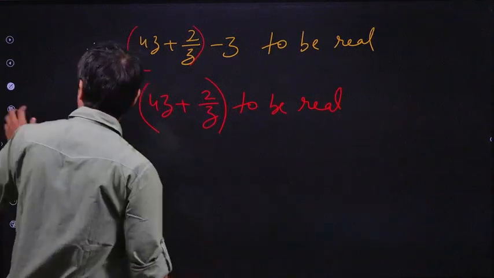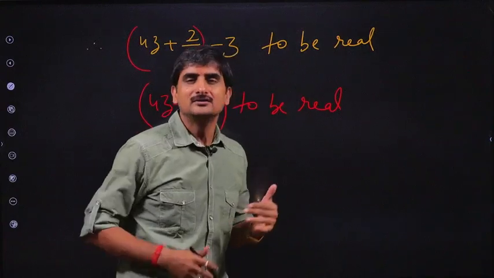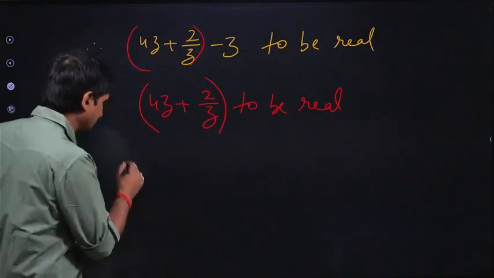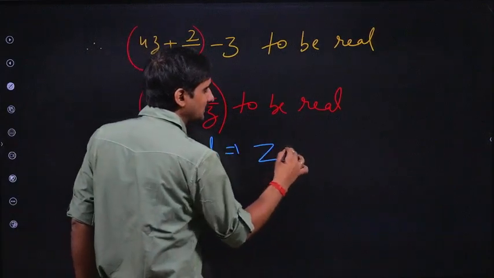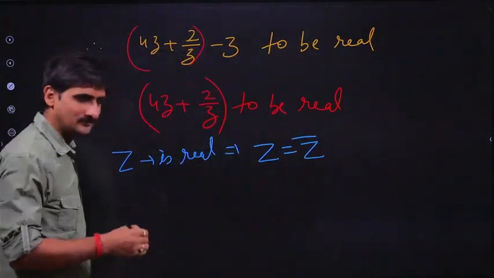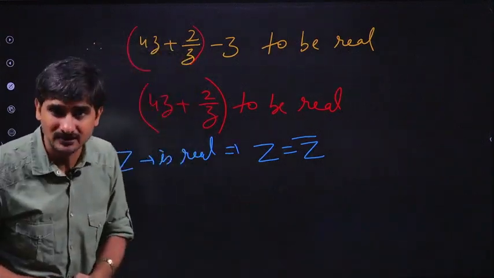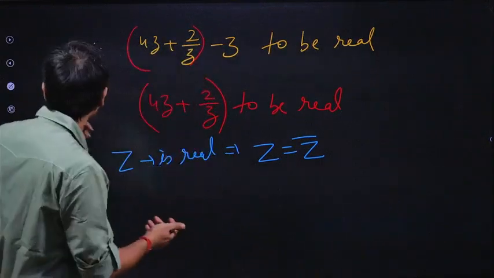Now, if this is real, you can compare it, because for any complex number, z is real means it is equal to its conjugate. That's one way of approaching it: 4z plus 2 by z is equal to its conjugate, and then we can try to do something there. Or the other way, let's try this one.